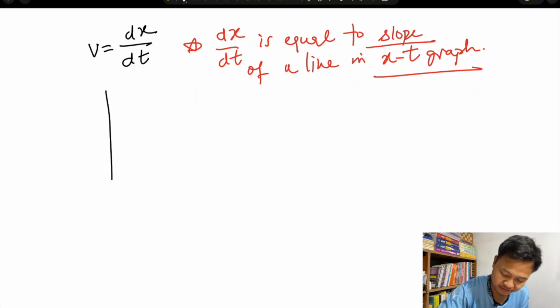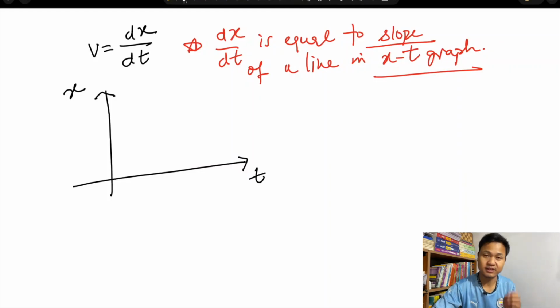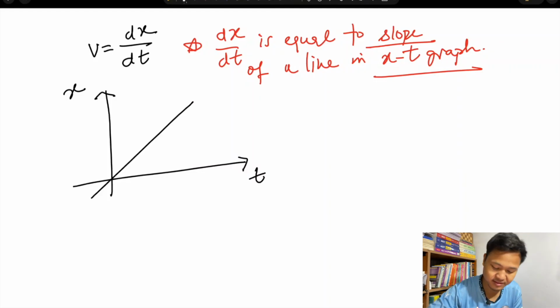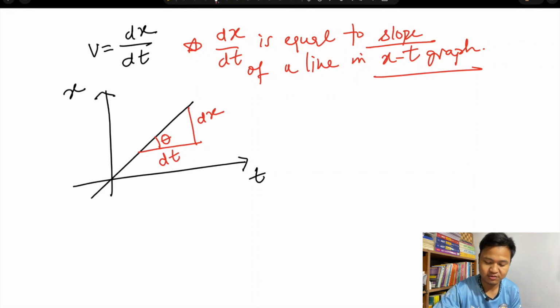Suppose you're given a graph, x versus t. Here you have some line. Now what is dx by dt? It is the slope of this line. Here you'll have dx and dt, so the slope of this line is nothing but dx by dt, which is velocity.